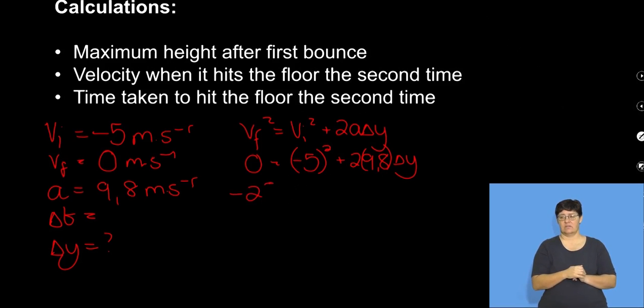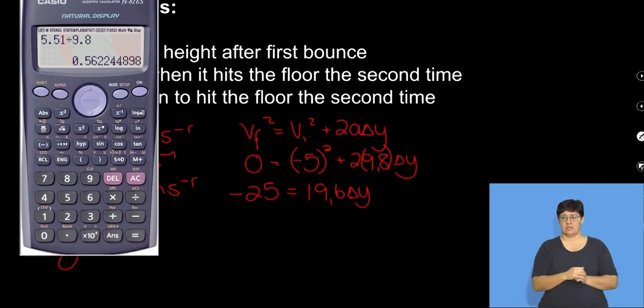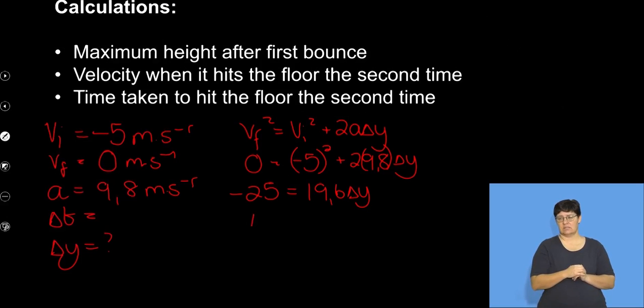It's going to be minus 25 equal to 19.6 delta y. We definitely need our calculators. So we've got minus 25 divided by 19.6, and we get minus 1.28. I'm going to round off to 2 decimal places.